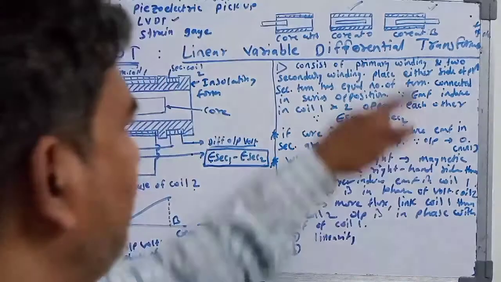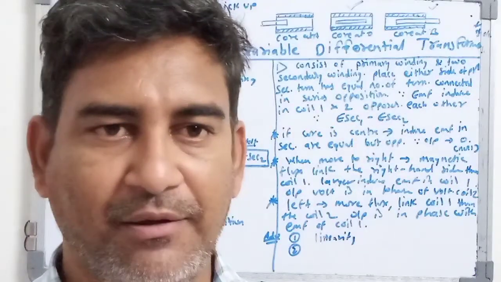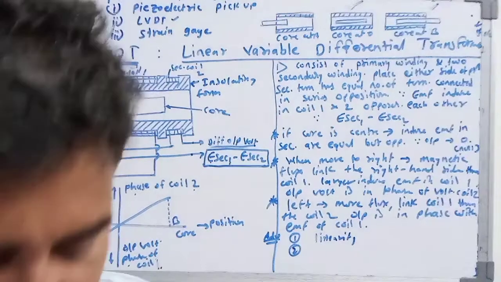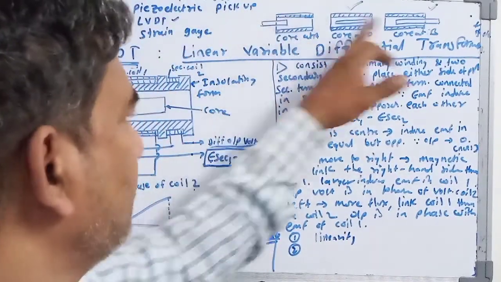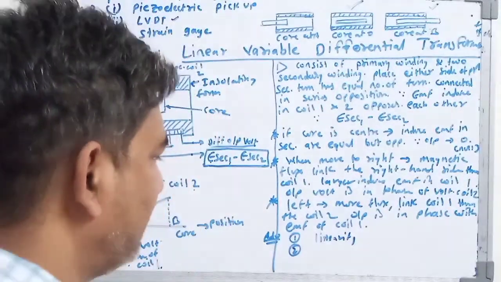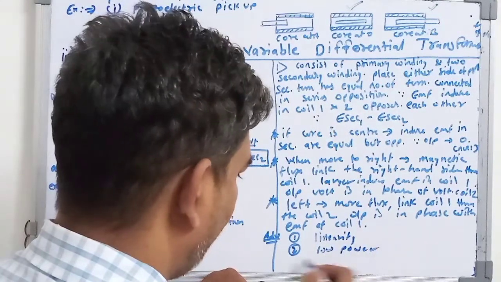Why low power consumption? Because only some force has to be applied, and that's why low power is consumed. Since the low power is consumed when it moves from one place to another, it has high sensitivity, and due to that it has the advantage of low power consumption.